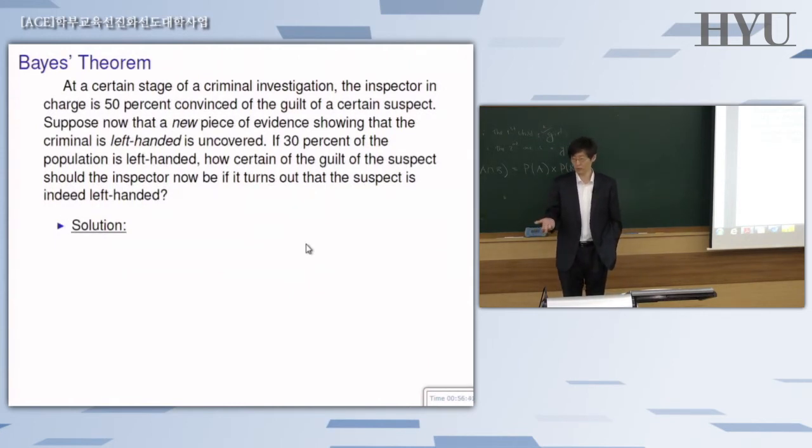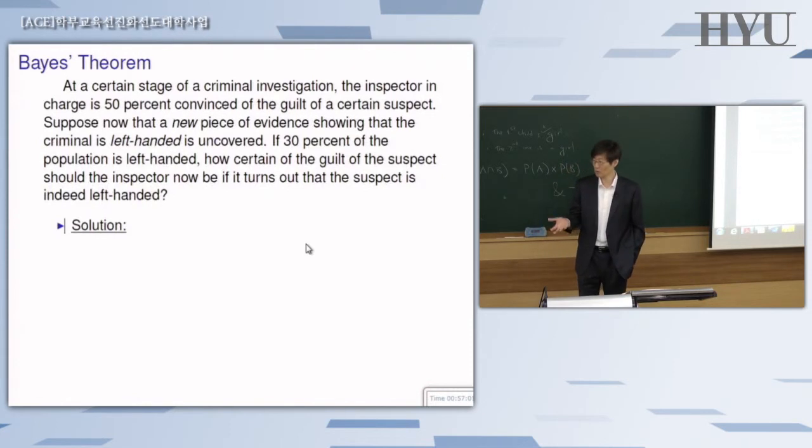So he checked whether the suspect, not the actual criminal, is left-handed or not. Assume that he is indeed left-handed. But then what are the chances that he is the guy, the one who actually committed this crime? That's what's being asked.